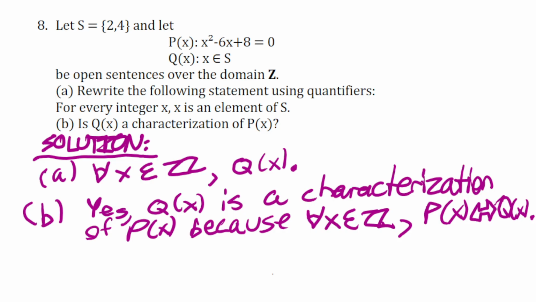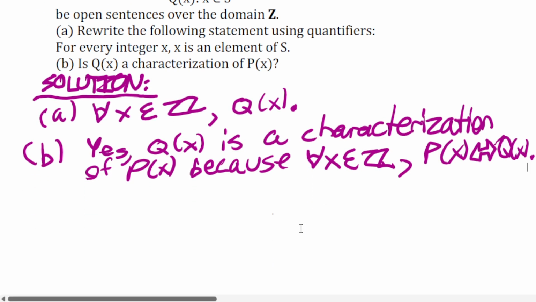These are the only satisfying integers for the equation of P of x. And that is it for the examples for section 2.